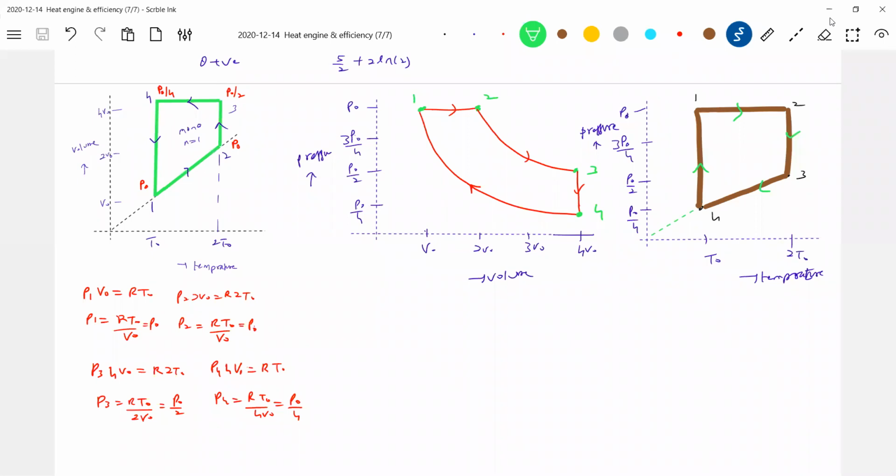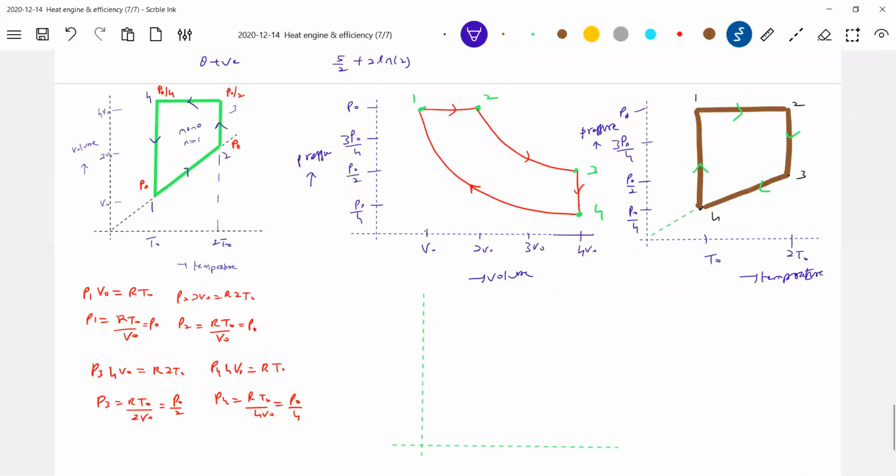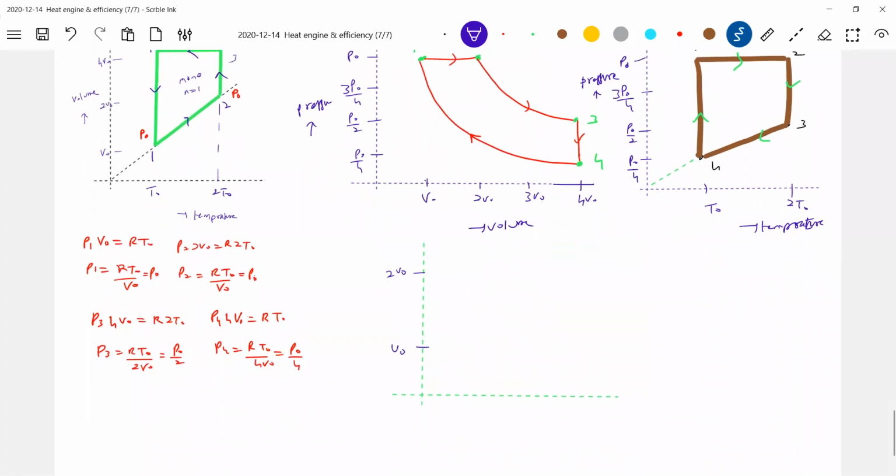Okay, last one, the internal energy versus density graph. Okay, let's take the internal energy. Internal energy is U naught to 2 U naught. What about density? Rho naught by 2, rho naught by 4. So the values will be rho naught by 4, rho naught by 2, rho naught.